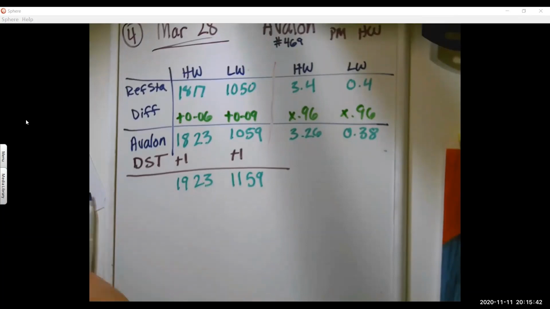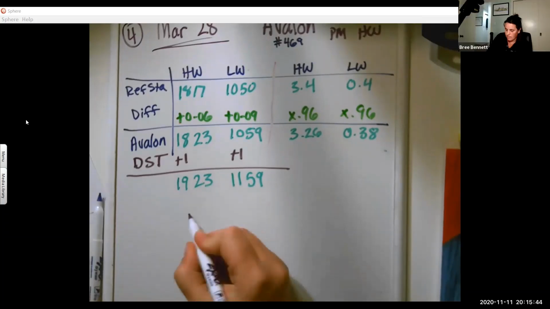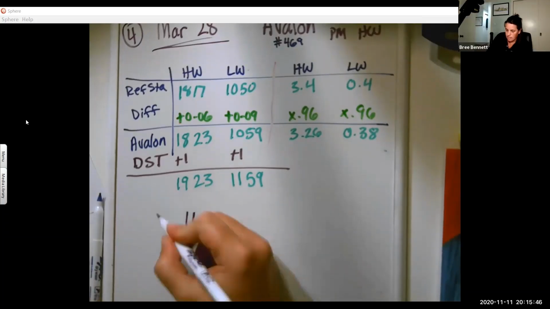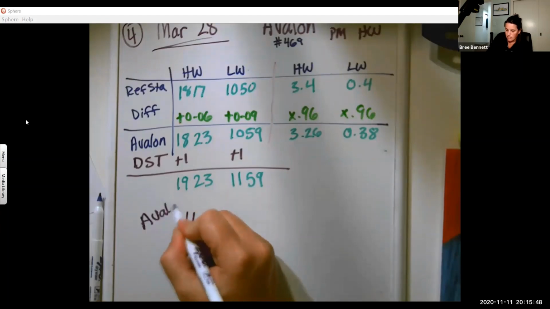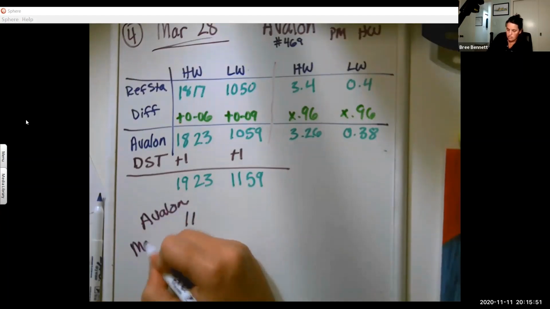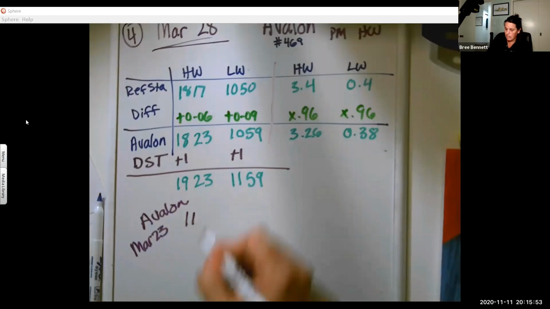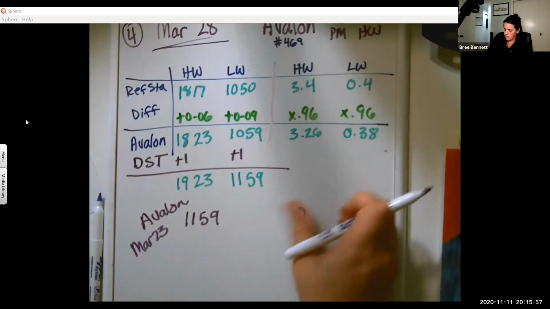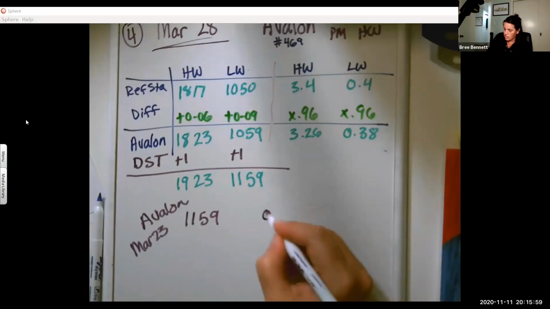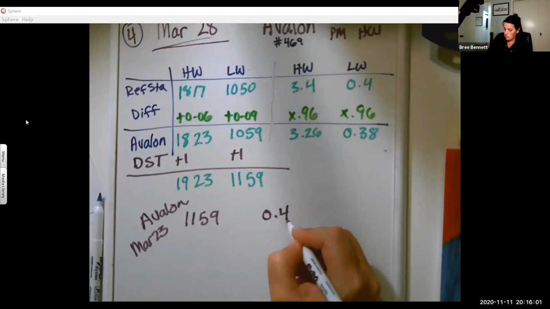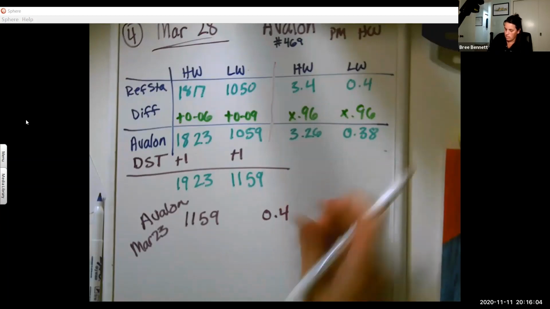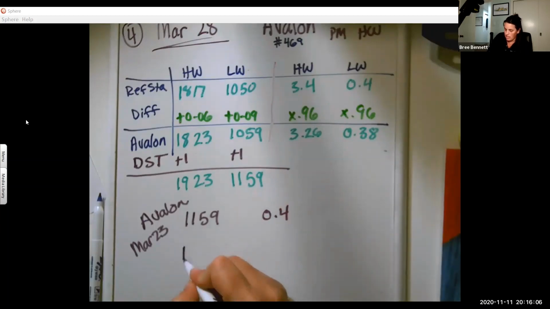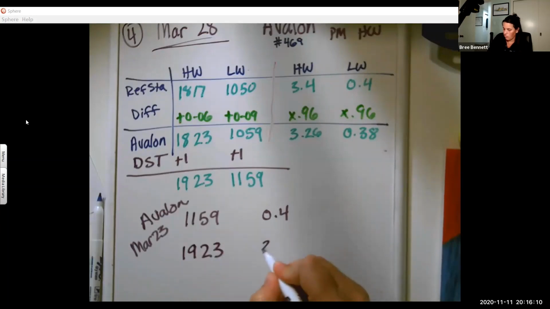So when I write this out, I have Avalon, March 28th, 11:59. The tide is 0.4. And then at 1923, the tide is 3.3.